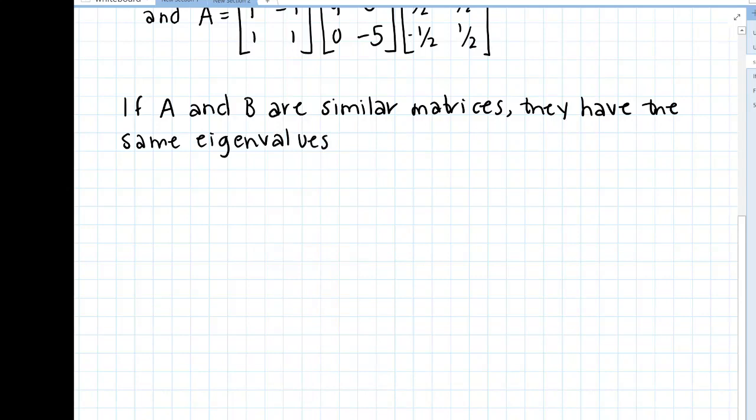And those same eigenvalues have the same multiplicities. So if you list out all the eigenvalues of one, including the multiplicities, then that will be the same for the other one.